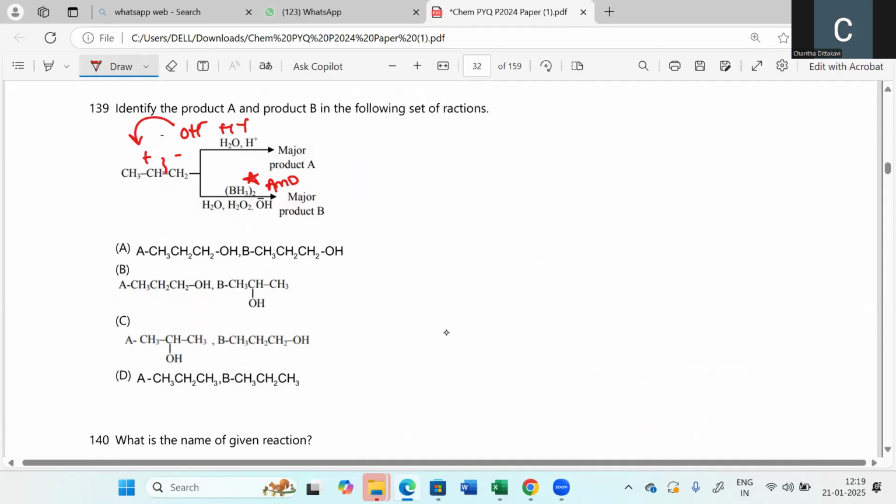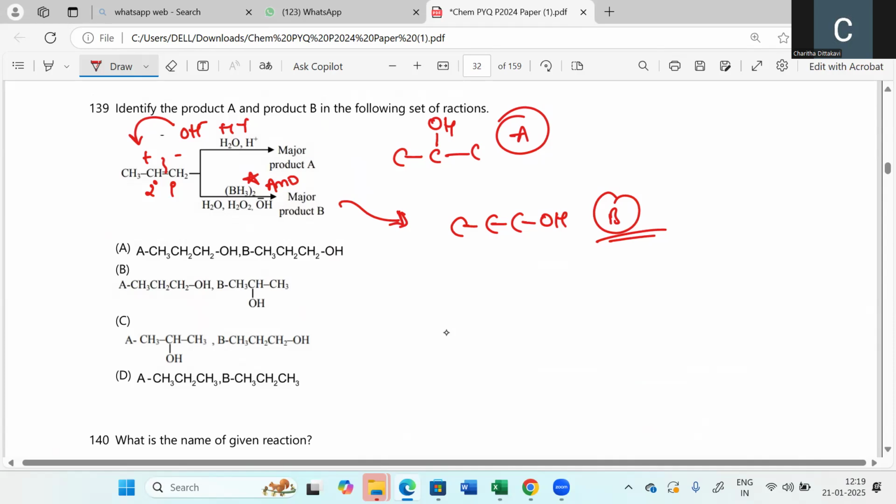So hydration gives carbon with OH and CH3, and product A you get this. And in product B you are going with anti-Markovnikov rule, positive on 1 degree, so negative comes on the carbon with OH. This is option B. So option C is the answer there, right? This is what you got.